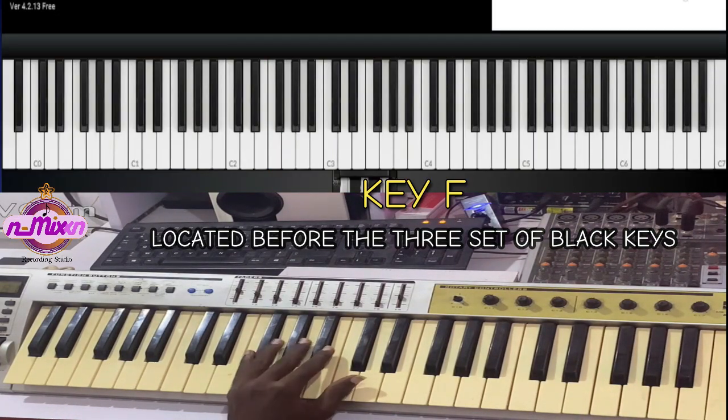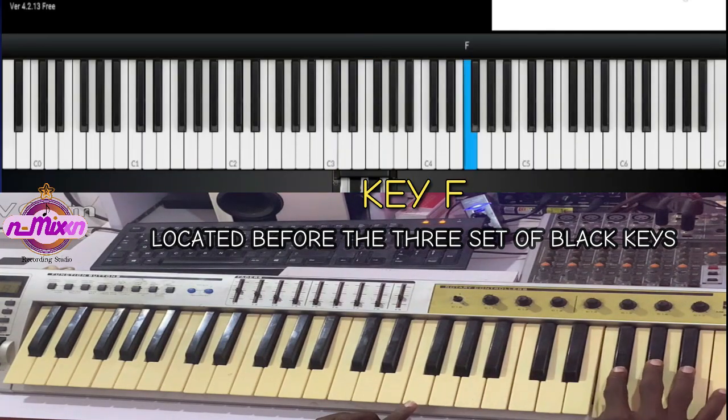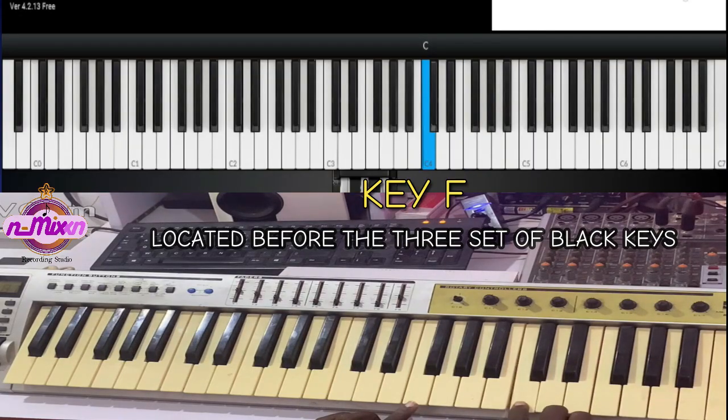Anytime you see your piano, know the difference between C and F, because F is beginning the three sets, whilst C is beginning the two sets. This is C, beginning the two sets. And F is this, beginning the three sets.